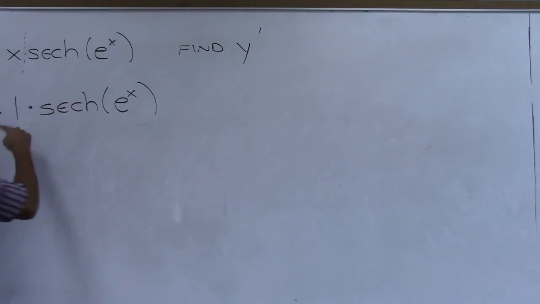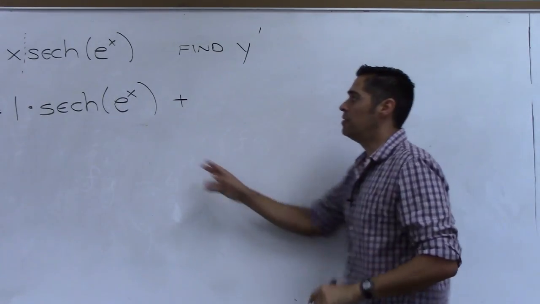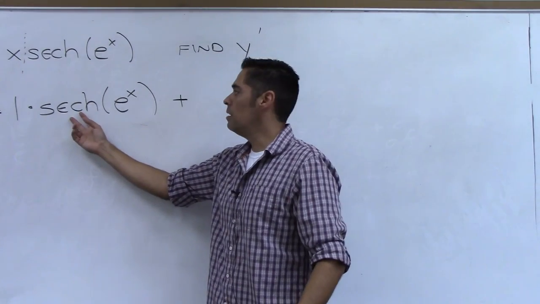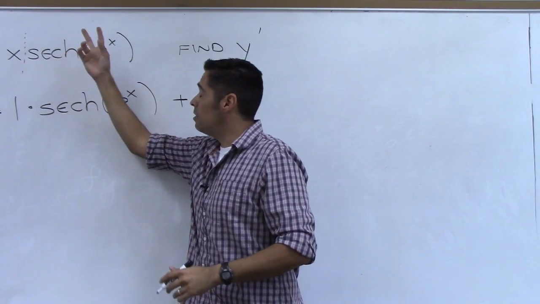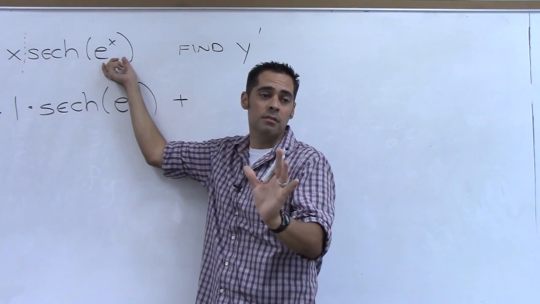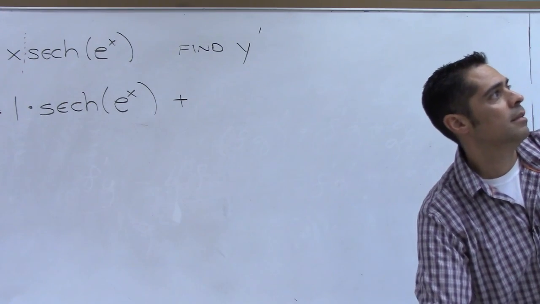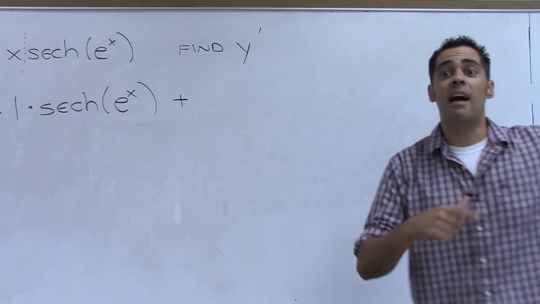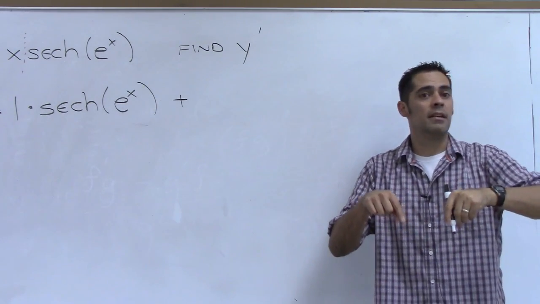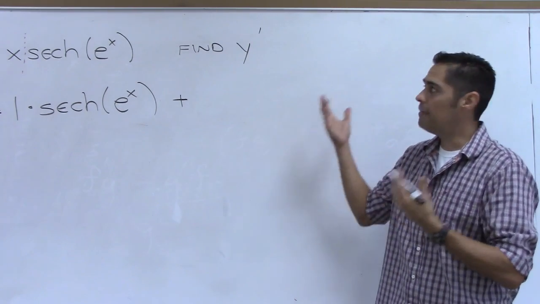All right, so that's the first part, plus now the derivative of secant hyperbolic, sorry, up here. The derivative of secant hyperbolic of something. So chain rule now. What is the derivative of secant hyperbolic of something? Negative secant hyperbolic x, tangent hyperbolic x. But for us, do we have x? No, we have e to the x.